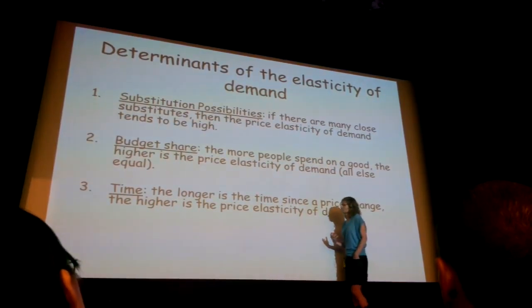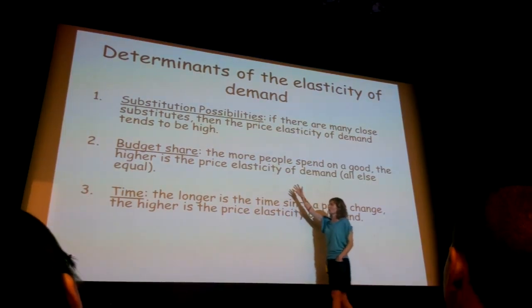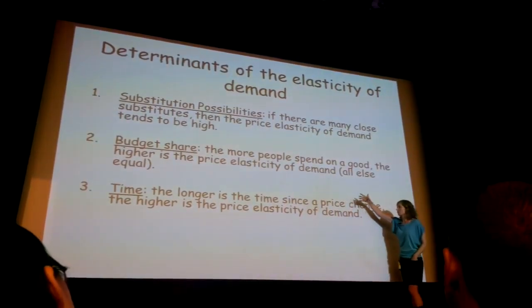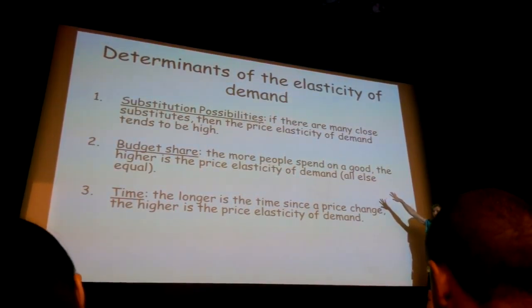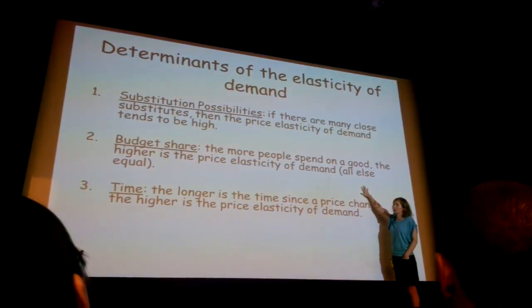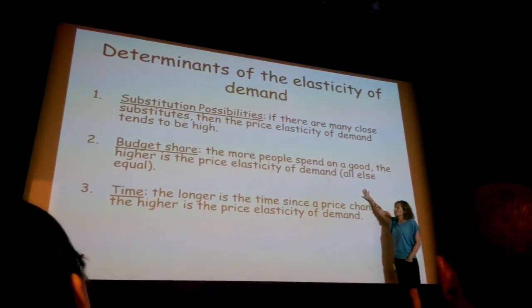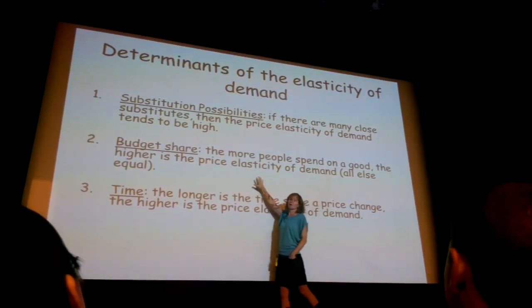If you think about other higher ticket items, goods that have a higher price, think about gasoline, for example. People actually spend quite a bit of money on gasoline, especially the low-income population. And so you might expect that the price elasticity of demand for gasoline would be relatively high, all else equal, for that group.